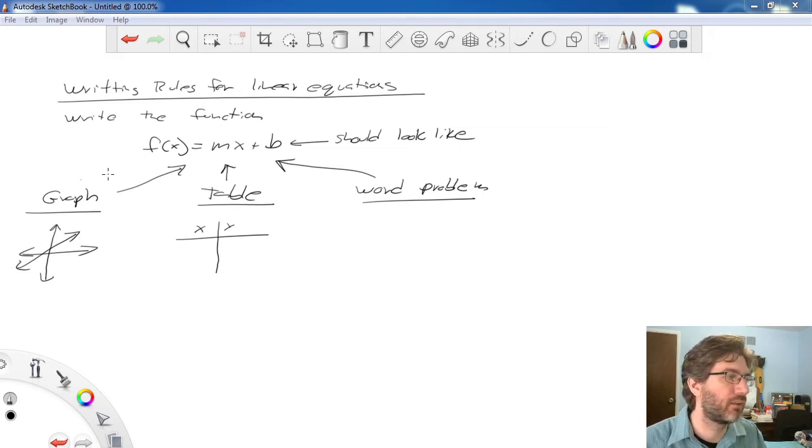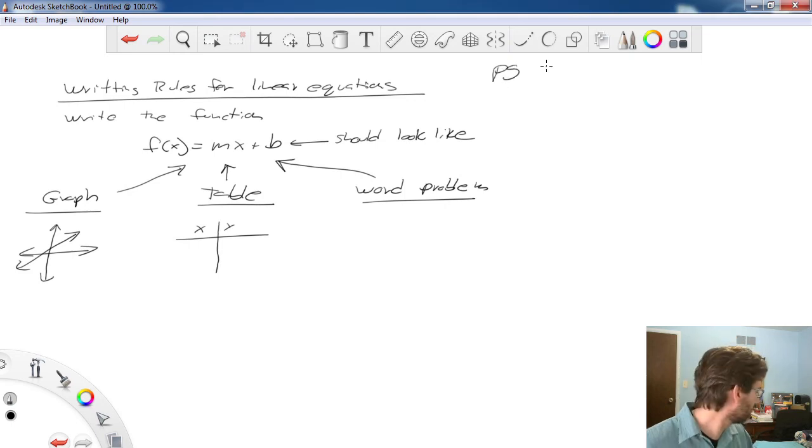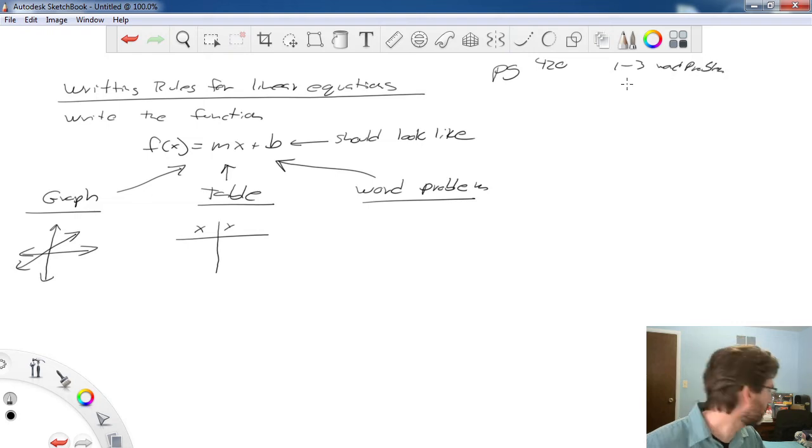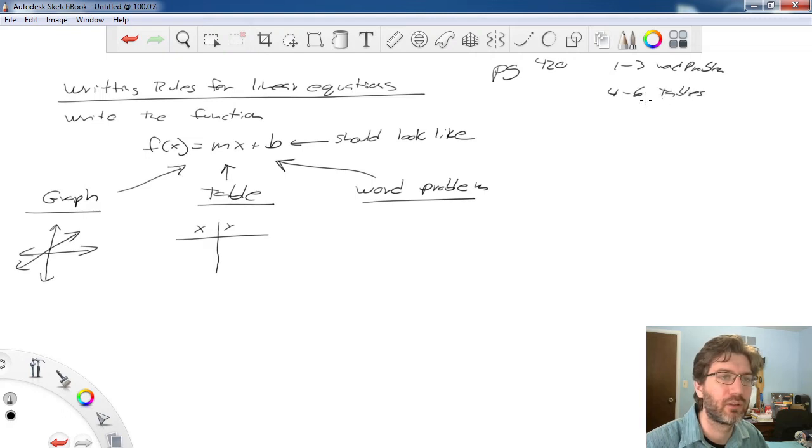So let's look at finding rules for graphs. And we're actually going to go backwards from your homework. Your homework was page 420. Problems 1 through 3 are word problems, 4 through 6 are from tables, and 7 and 8 are from the graph.